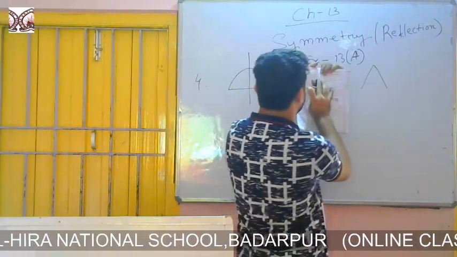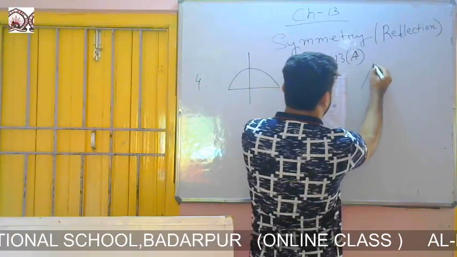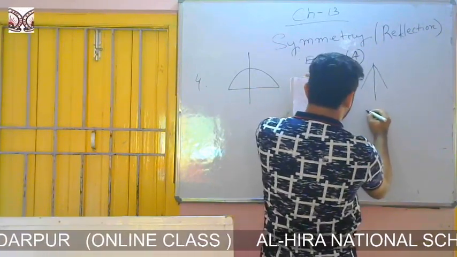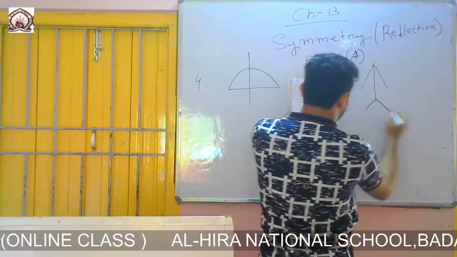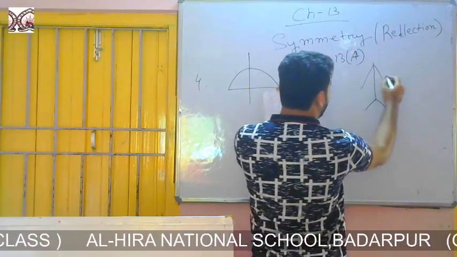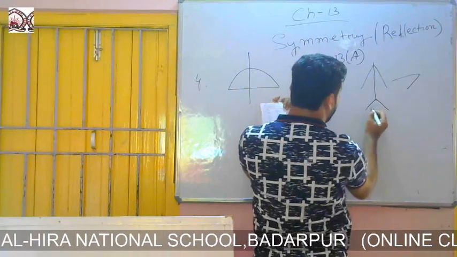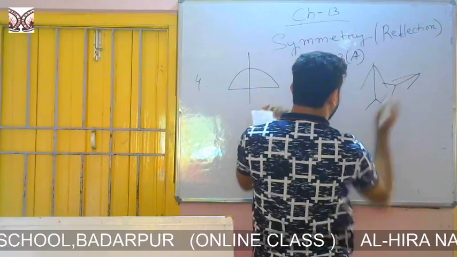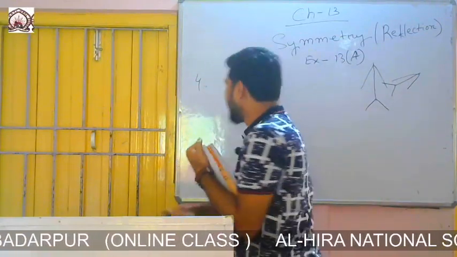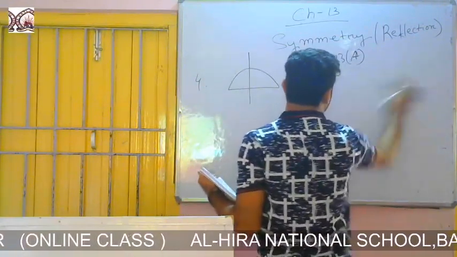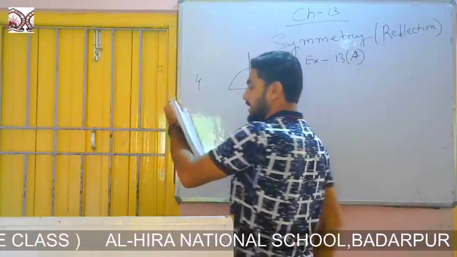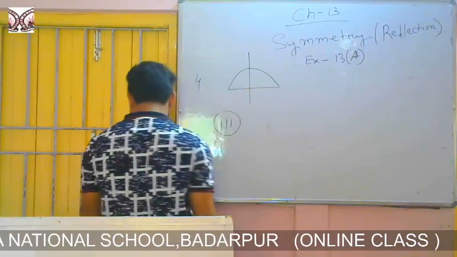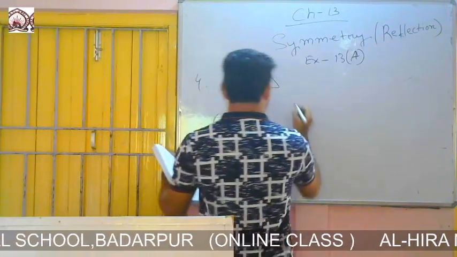You see in your book, star, from here you can give one line, and in between that you will get like this. So you have to join every corner, you will get like this, and this portion also. Then you have to join this one with that one like this. Okay, then you will get 5 lines of symmetry. Okay, you draw at your home. Then also regular polygon, in regular polygon also you can draw like this.